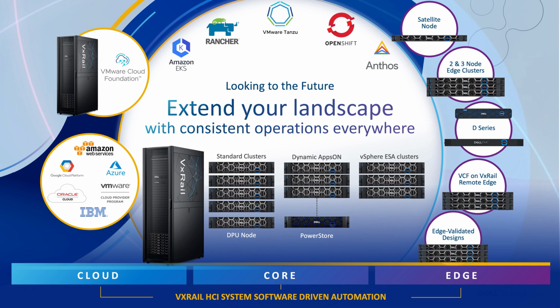You can even use dynamic nodes, which makes it more of a disaggregated HCI approach, and attach a PowerStore SAN. You can use the new ESA clusters, and what really makes it a hybrid multi-cloud solution is VMware Cloud Foundation.